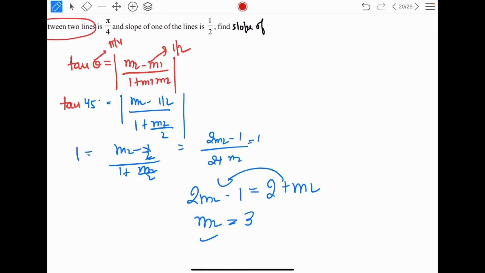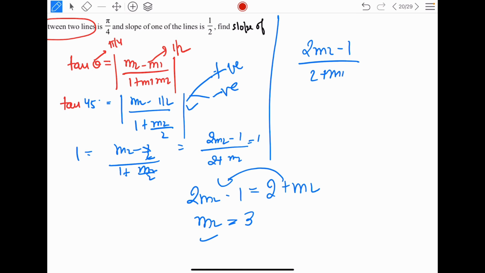That's the first case, because I have my mod here. Whenever you have a modulus, you have to take positive and negative both. So please take the negative value also. The negative value here simply is the 180 minus theta angle. So the negative case will be 2m2 minus 1 upon 2 plus m2 equal to minus 1, because I have to take the negative value also.